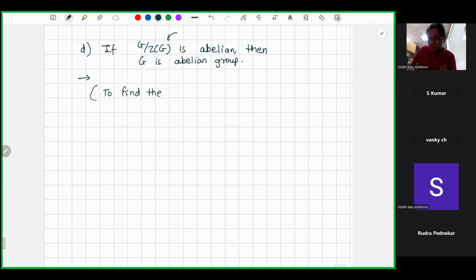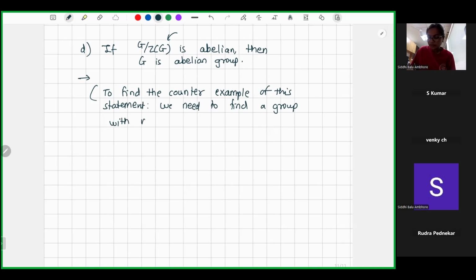To find the counterexample of this statement, we need to find a group with non-trivial center. That is non-trivial center.